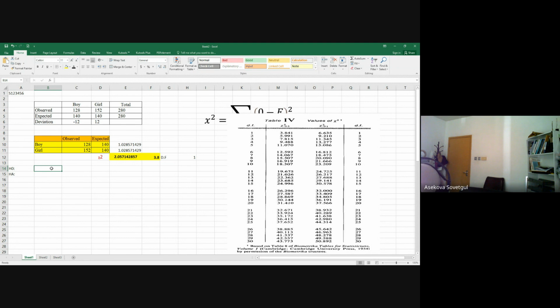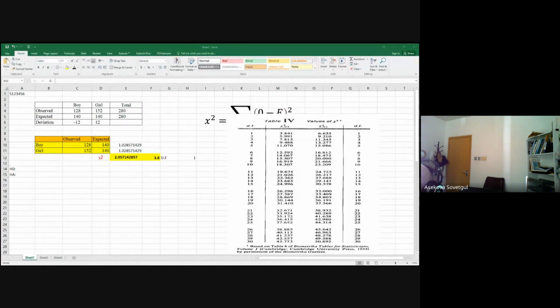Another way to say it is the ratio of 1 to 1, because we are comparing by ratio. So the ratio of 1 to 1 is true with my observed data. In contrast, the alternative hypothesis says the ratio of 1 to 1 is not matching with my ratio.